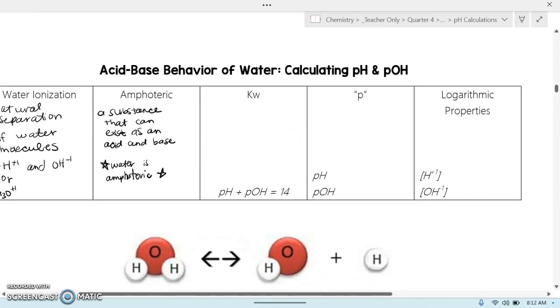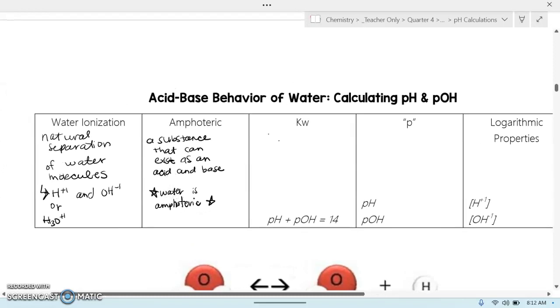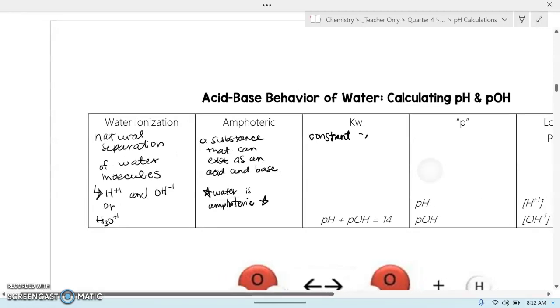Our KW, or the equilibrium constant, is a constant ratio between my separated waters.